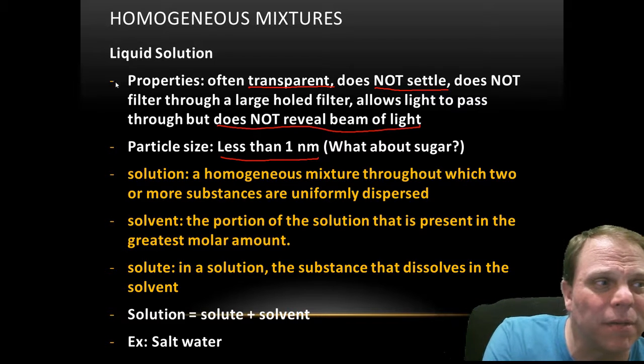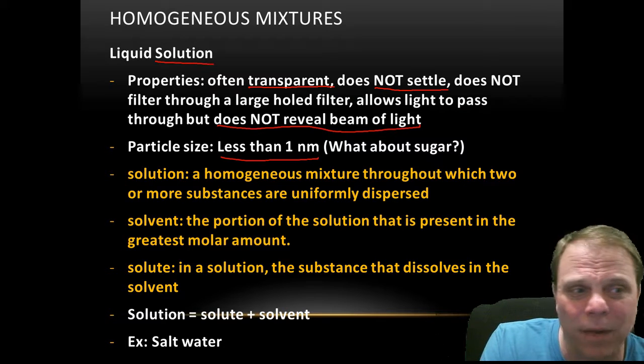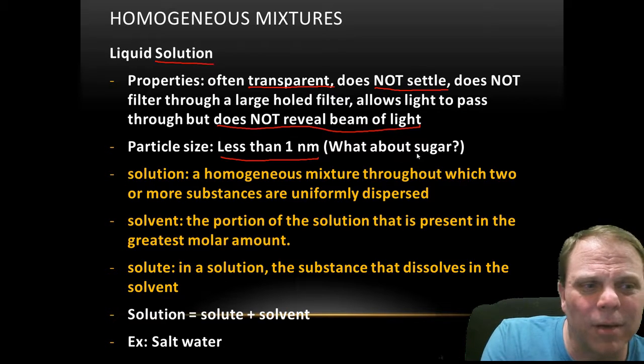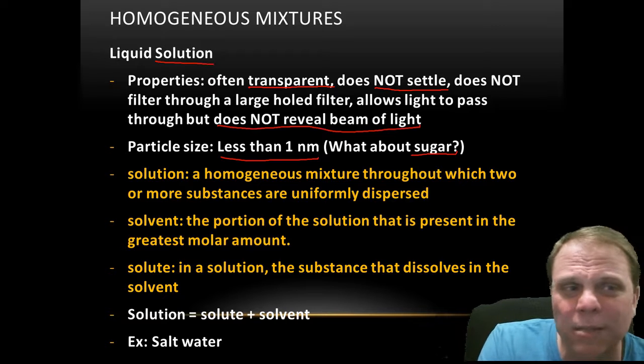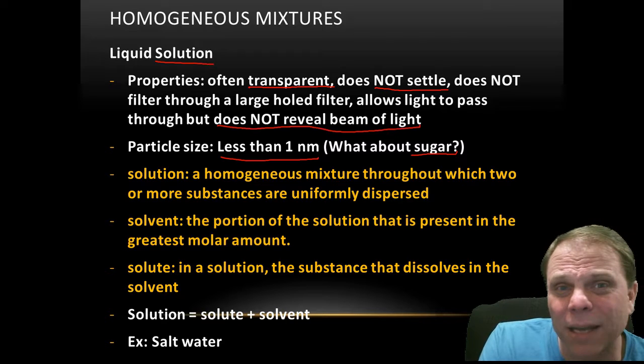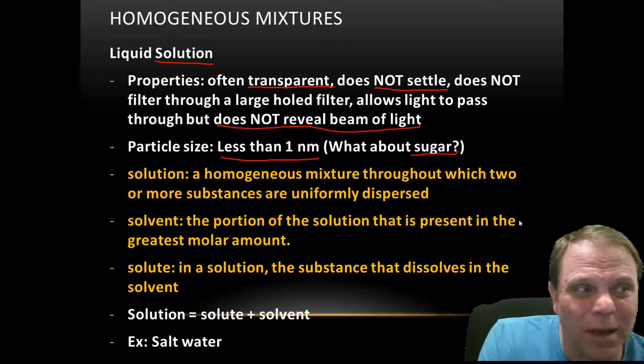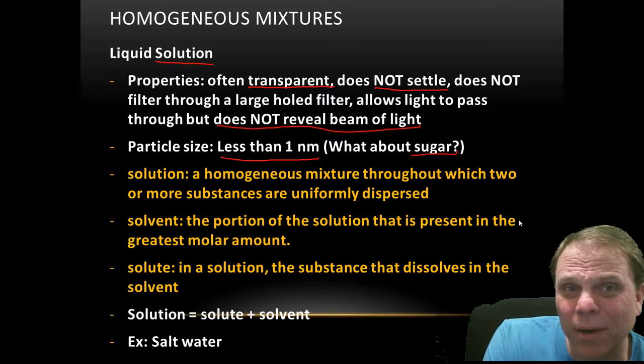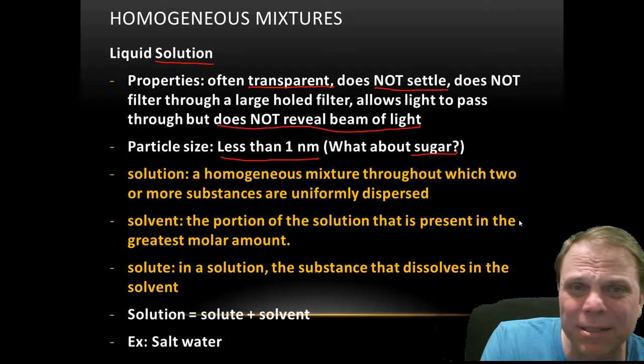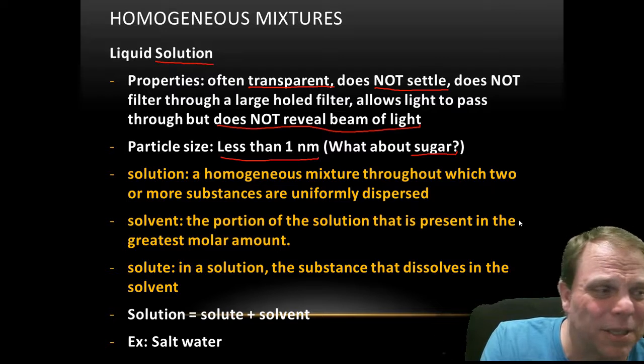That's kind of the definition of a solution, that it's going to have particle sizes less than a nanometer. But you might say, well, is the sugar particle really that small? Yeah, sugar particles can actually be bigger than that. And again, this is why we call it a solution, but does it really meet the criteria? There are so many little variations in this definition that annoy me.